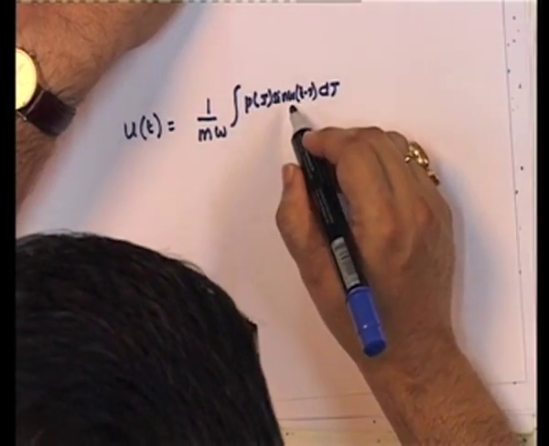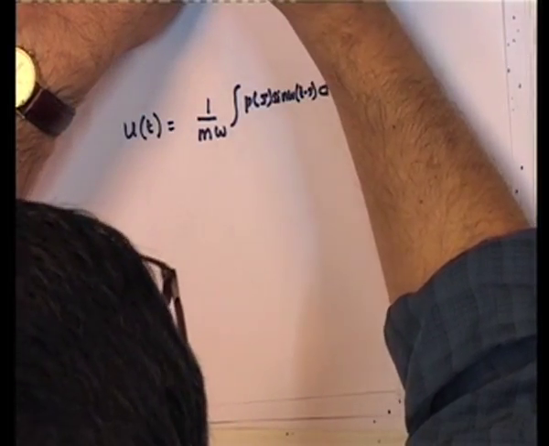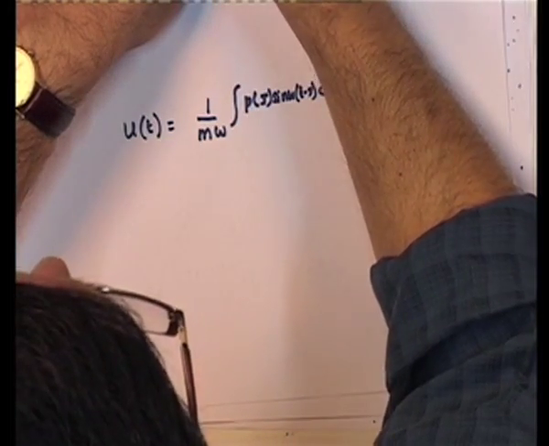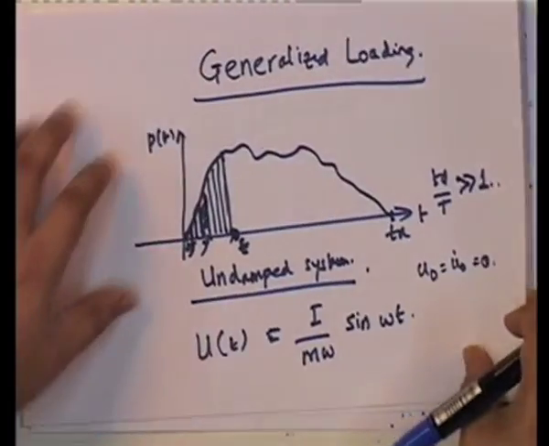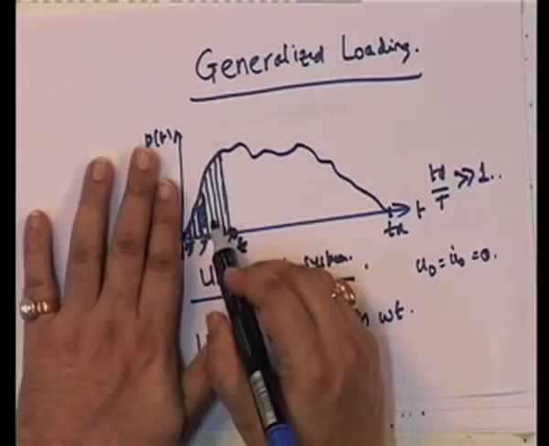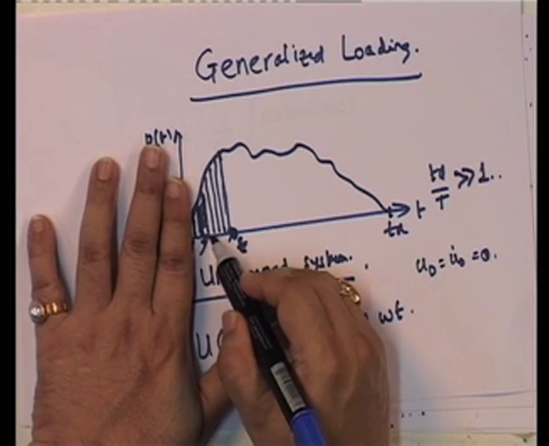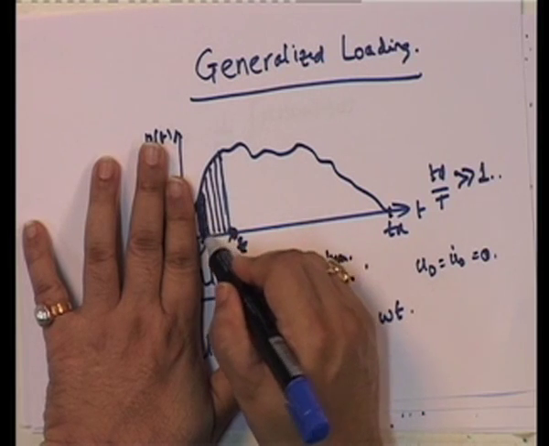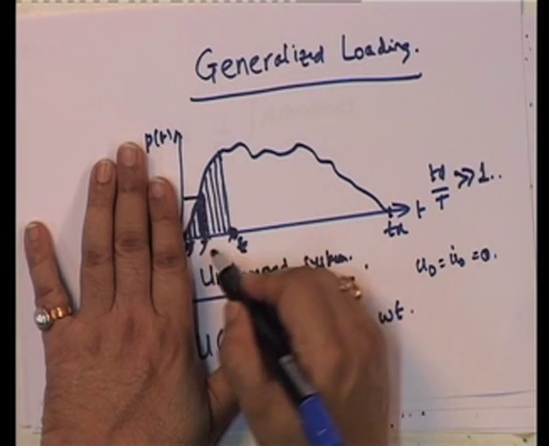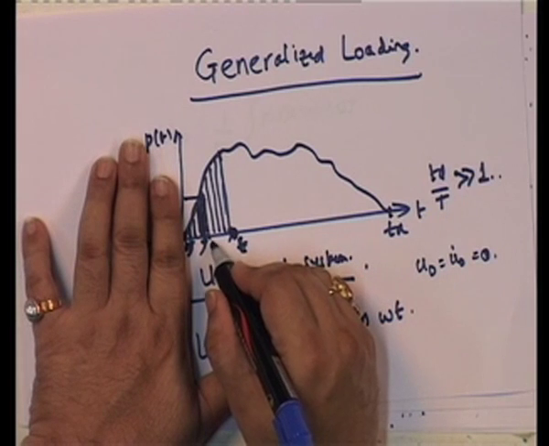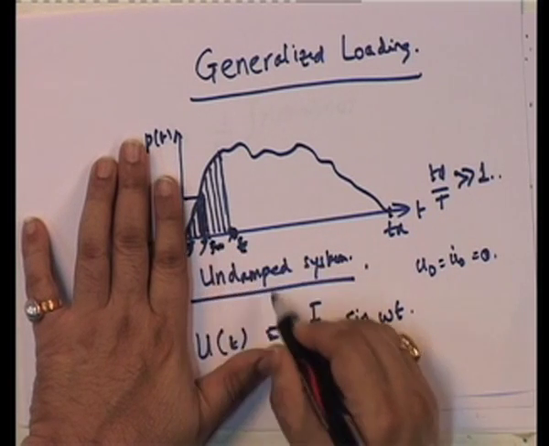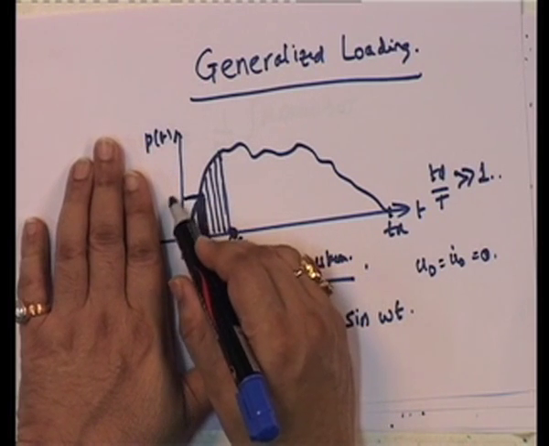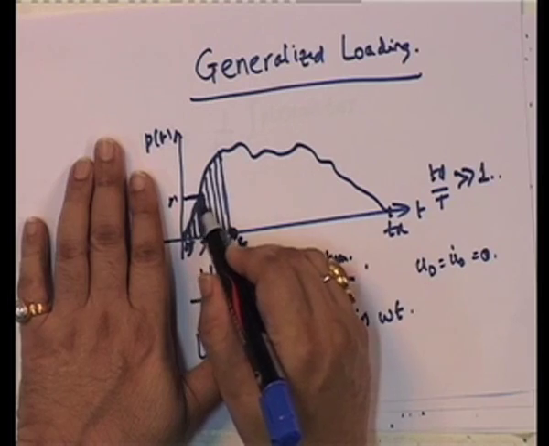So, what would it be? If I look at the response due to just this one, it would be p of tau into d tau. Okay. I am sorry. If I look at time tau, and I am looking at due to this alone, this one would be p tau, and then I have tau plus d tau. So, for all practical purposes, I could take the central value and call it p tau and call it even.